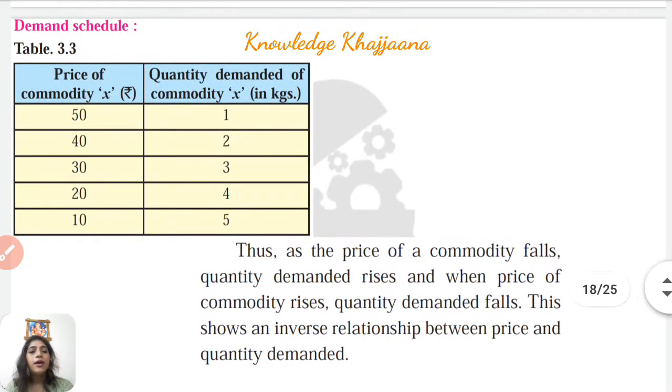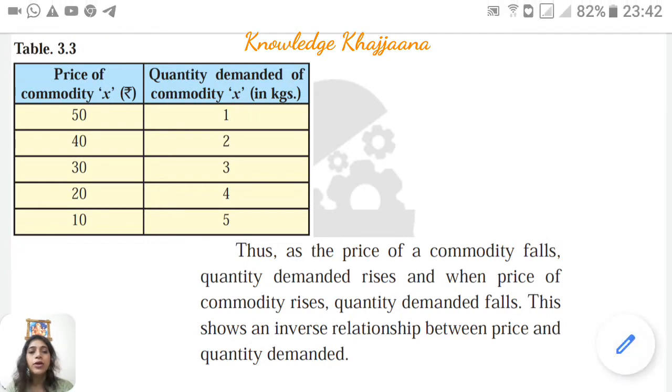Okay, thus as the price of a commodity falls from 50, 40, 30 to 20 to 10, quantity demanded rises, and when the price of the commodity rises, quantity demanded falls. This shows an inverse relationship between price and quantity demanded.